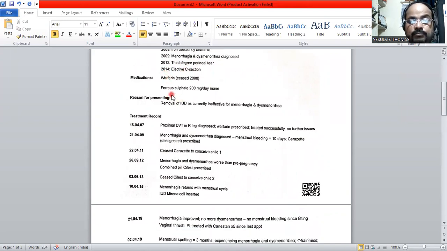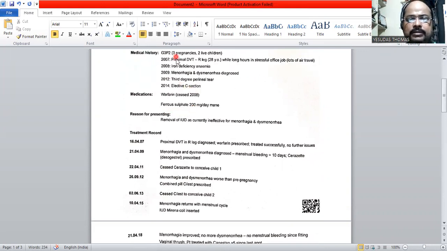As she's having an iron deficiency anemia, she is taking ferrous sulfate. We don't need to mention that. That's why I have told you it's not necessary, because this is managed with medication. So it's not a serious condition right now.